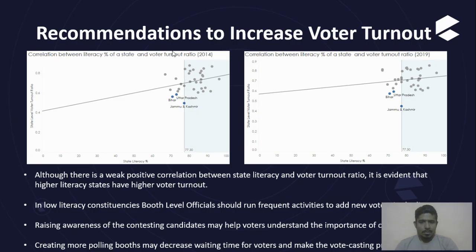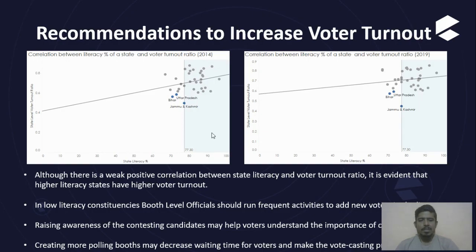These blue dots have literacy percentage lower than 77.3%, and all these gray dots must have literacy percentage higher than 77.3%. So all these gray dots must lie in this highlighted blue region, as per the statement.